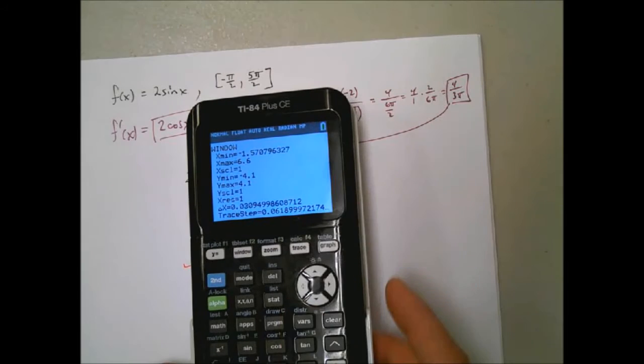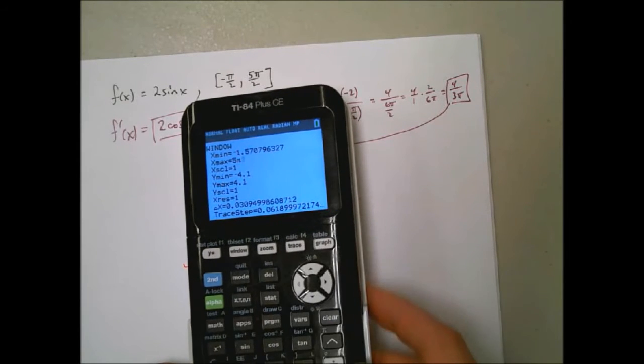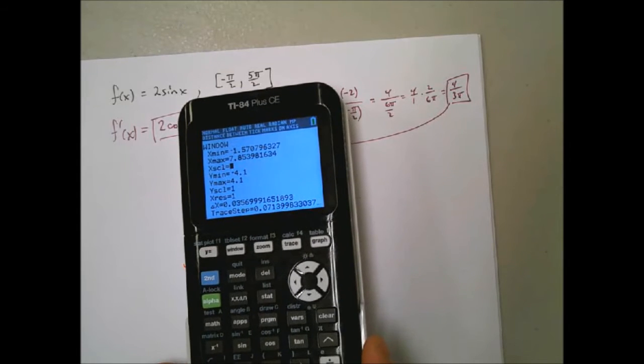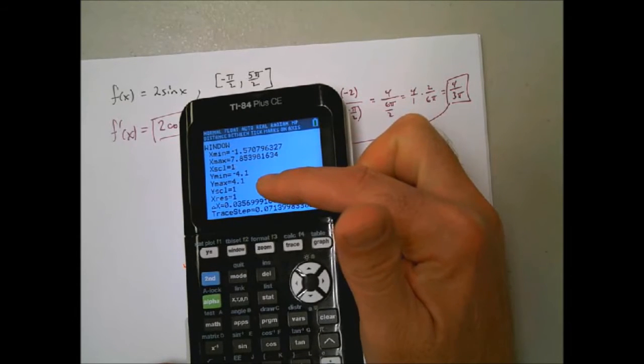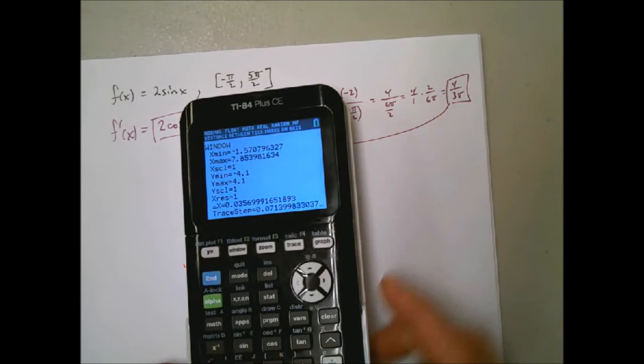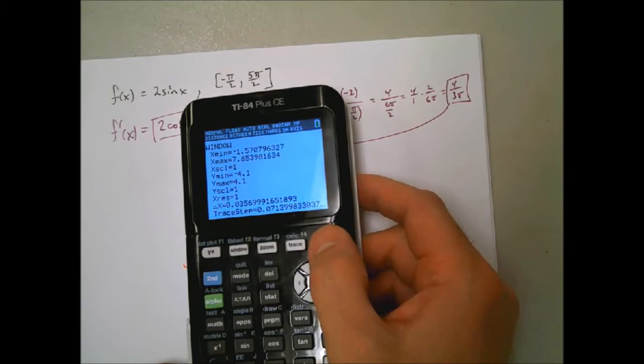And then the x maximum is 5 pi over 2. Okay, and I was on Zoom Decimal, so the y min and y max are probably okay. So let's go ahead and graph this.